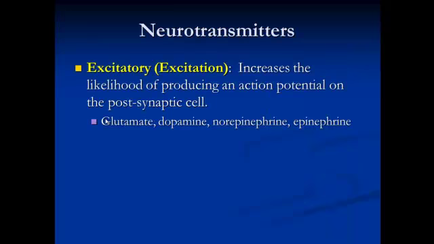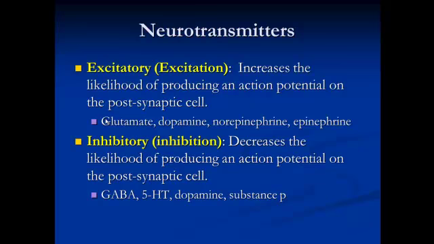Another very basic idea to understand is a neurotransmitter can have one of two effects on the postsynaptic cell. It can tell that cell to be excited, in other words, to increase the likelihood of action potentials. We call that an excitatory postsynaptic potential, EPSP. Glutamate, dopamine, serotonin, epinephrine, these are all excitatory neurotransmitters, though dopamine sometimes can be inhibitory.